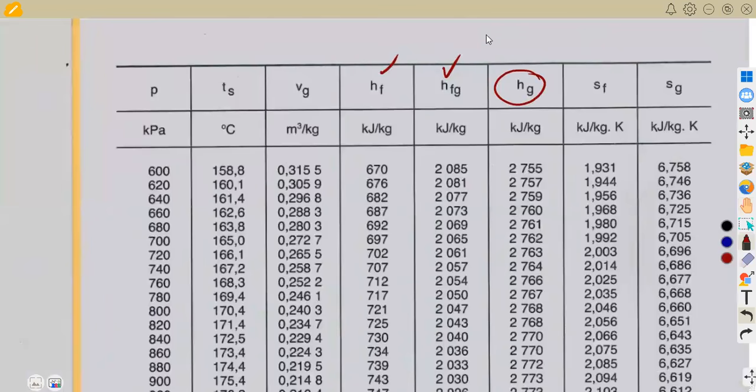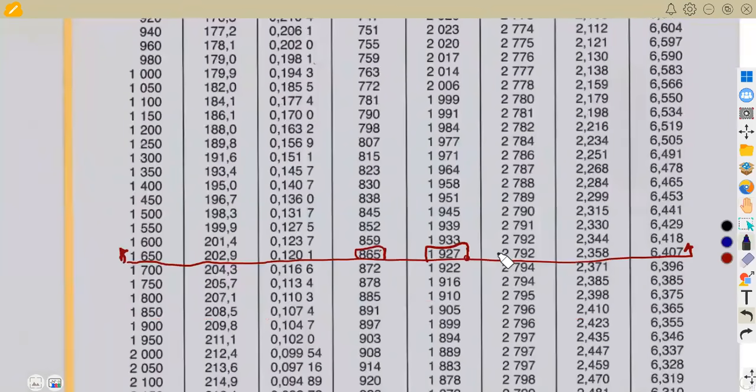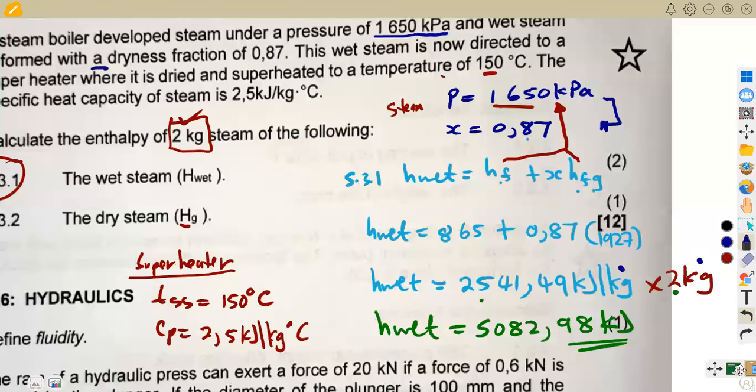Since hg is equal to hf plus hfg, you can add the values we obtained before, or you can take it direct. It is the same answer. This is 2,792. So this one does not need a formula; we are just taking it direct.